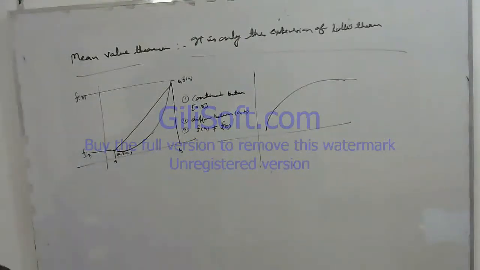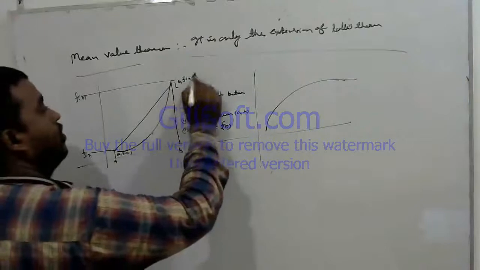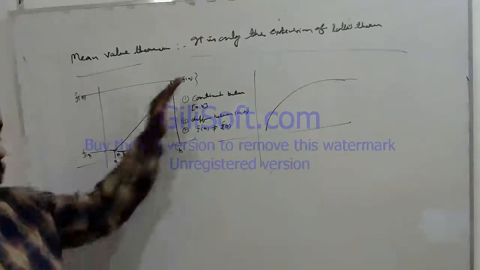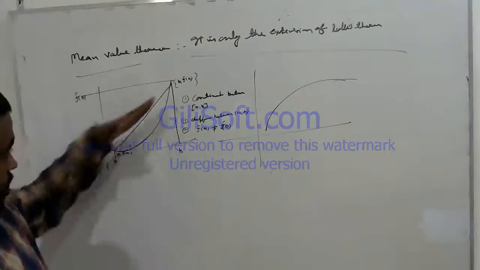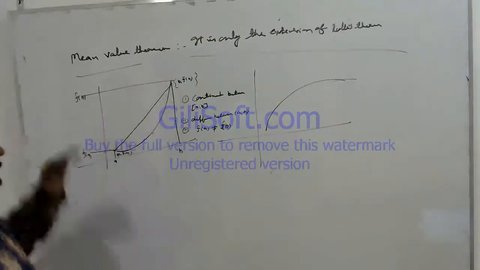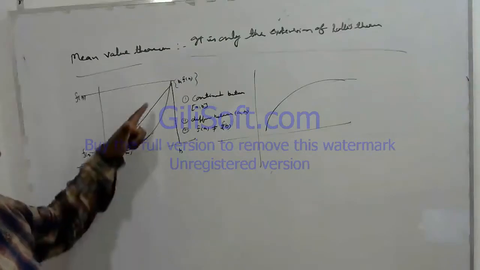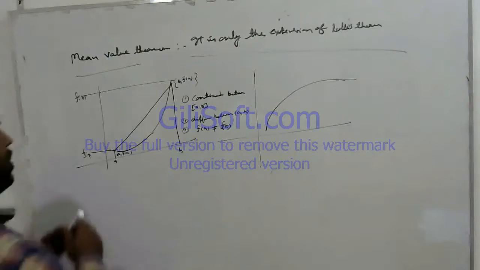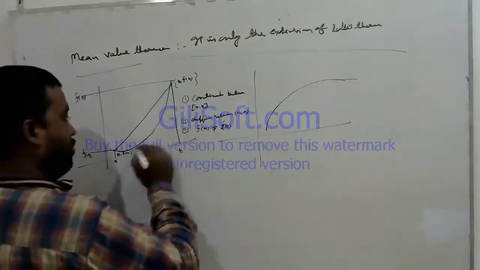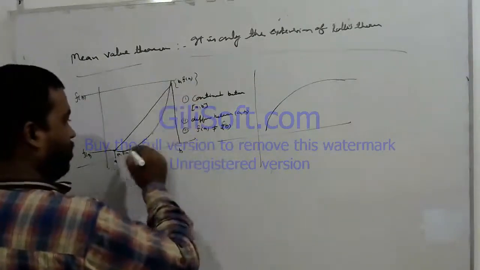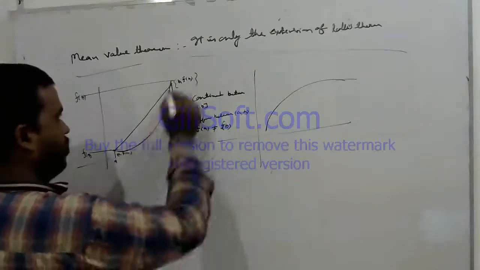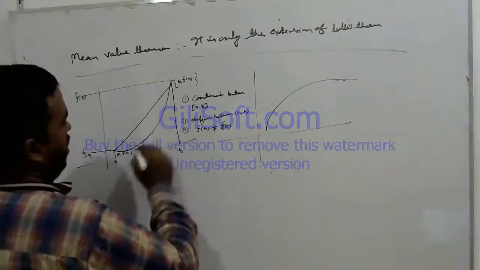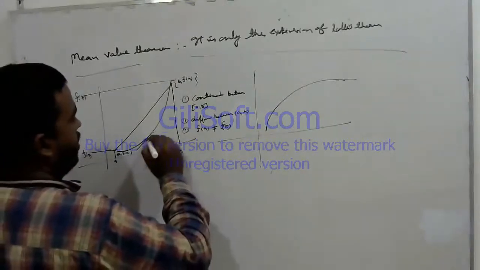So if we draw a secant between these two, look here, how can you find the slope of this secant? At any point between these two points A and B, on the curve, we draw a tangent.